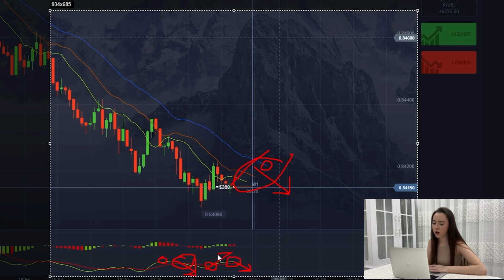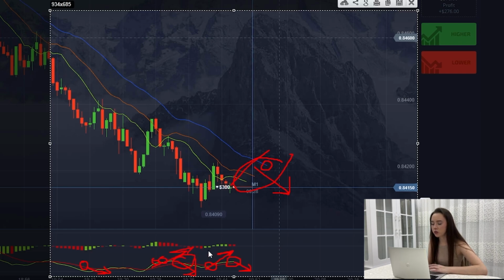And let me show you how to use this information in practice. As I said earlier, the crossing of the main line, that is green, and the signal line, that is red, means that there is a signal to sell.